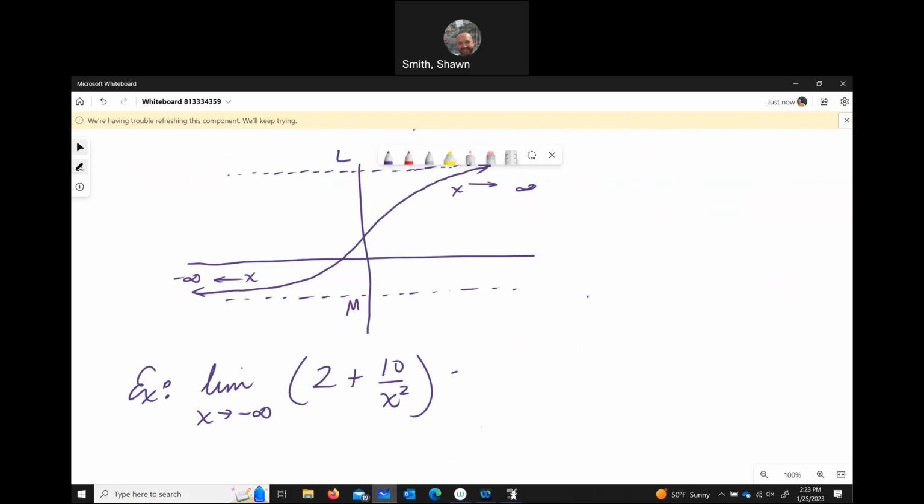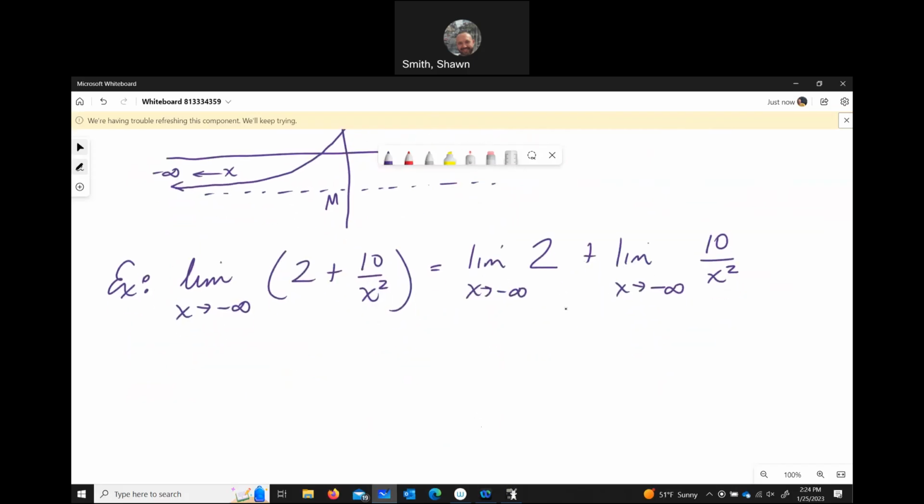But if I would break it up into multiple limits, the limit as x approaches negative infinity of the first function, 2, plus the limit of the second function, 10 over x squared. And again, this is just illustrating the point. You probably won't go through this.